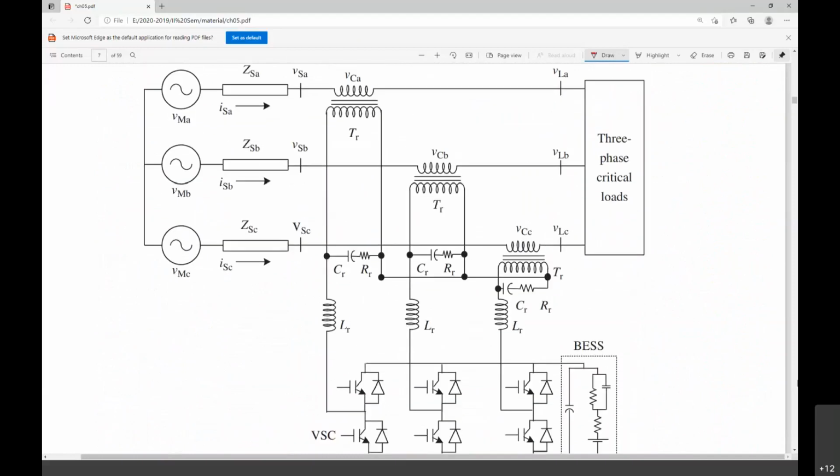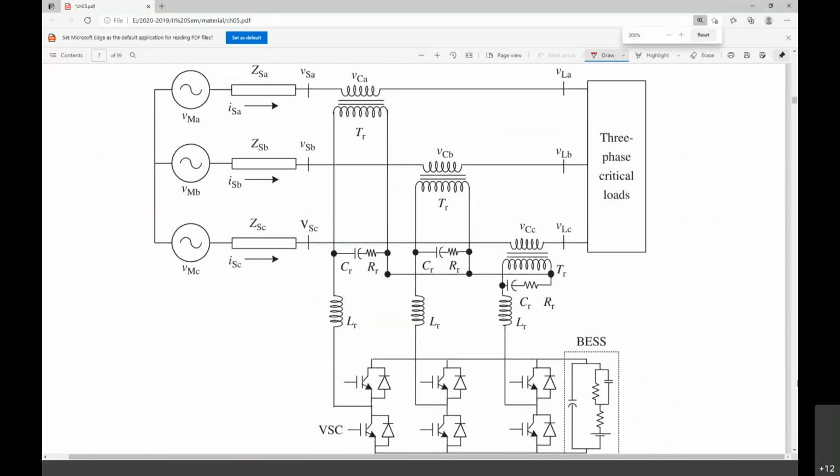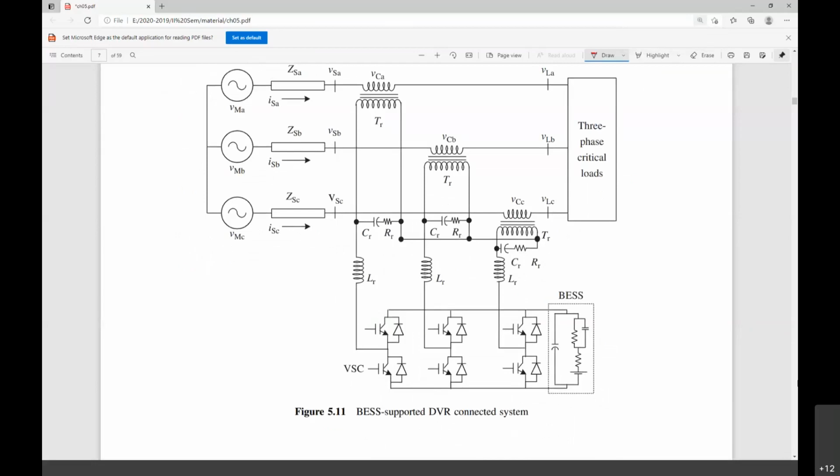This kind of topology also can be used for the battery energy storage system, provided that the battery, whichever it is, here there is no converter over here. There is no converter over here. Provided that the battery should have the minimum DC link voltage, the VDC link.